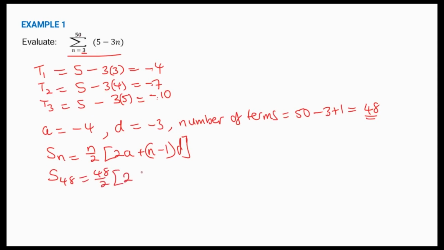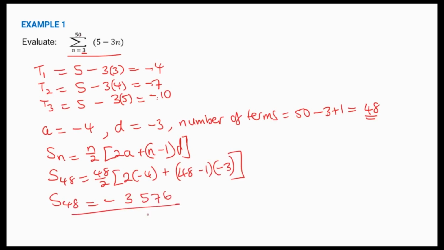Then 2 times a, which is negative 4, and then plus n minus 1. n is 48, so it's 48 minus 1. We can just write 47 there. 48 minus 1 is 47. Then the common difference is negative 3. Put it in the bracket. We can put this in the calculator. What do we get? Sum of the first 48 terms would be negative 3,576.